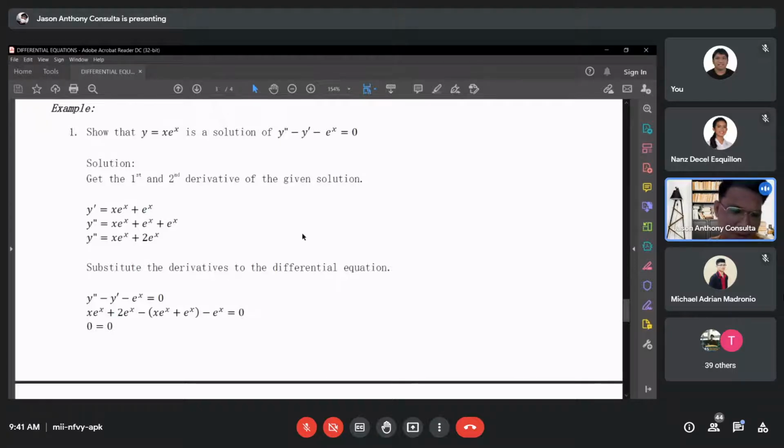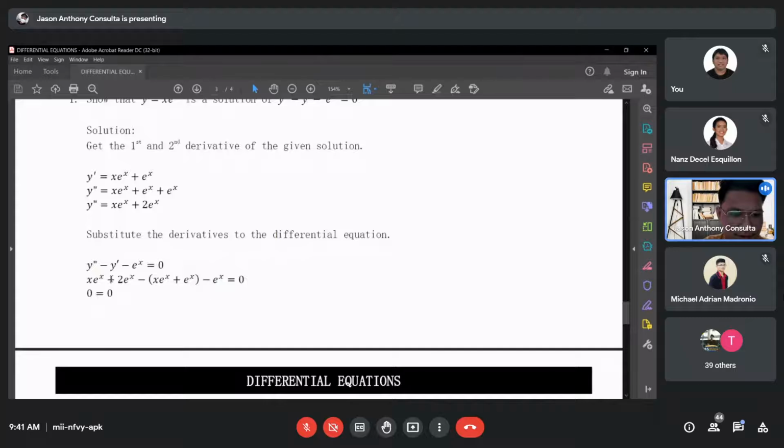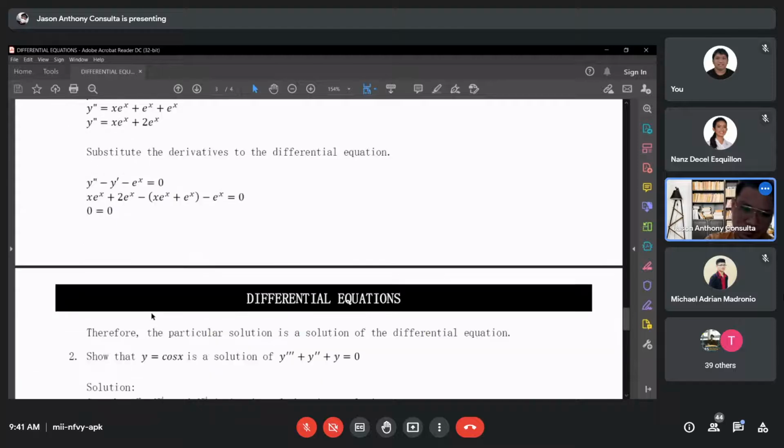So, huwag kayong mag-shortcut na diretsuhin natin sa 2e raised to x kasi pwede rin naman, i-accept ko rin naman. Ganito kasi nilalagay ko para mas maintindihan ng lahat. Okay? So, yun, nag-substitute, then na-prove natin na the particular solution is a solution of the differential equation given. Okay?